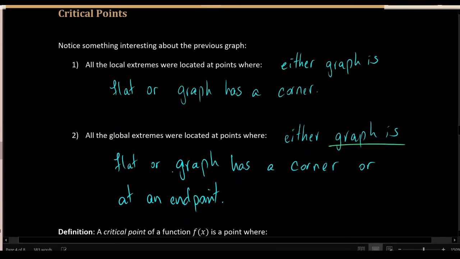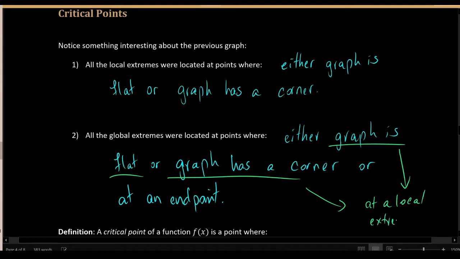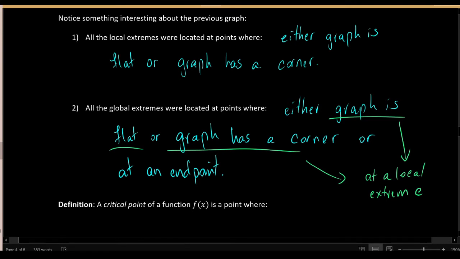You have to look at locations where the graph is flat, locations where the graph has a corner. In either of these 2 cases, you're looking at a local extreme. Or you're looking at an endpoint of the graph. The best case scenario is going to be located at one of these 3 points, where the graph is flat, where the graph has a corner, or where the graph has an endpoint.